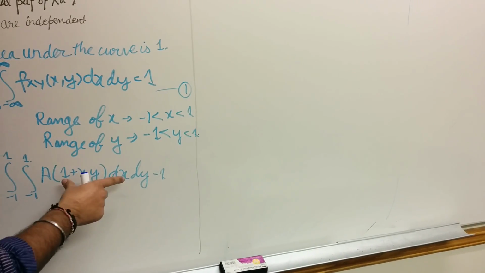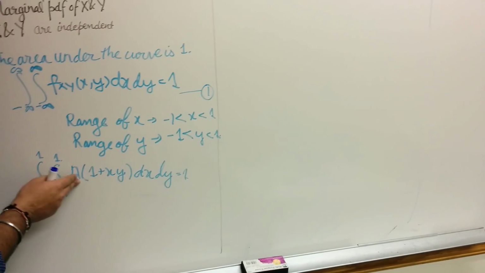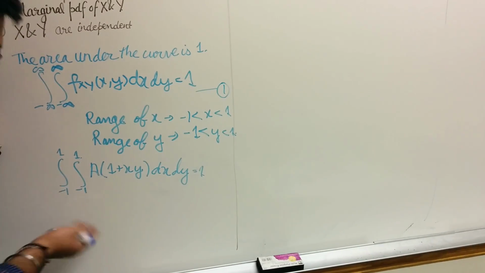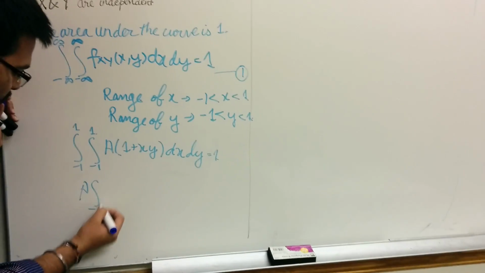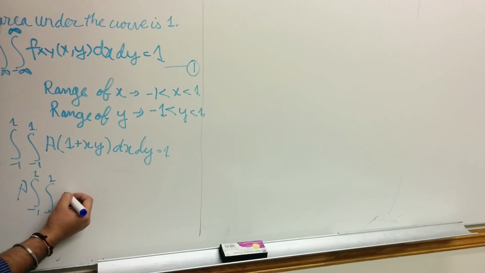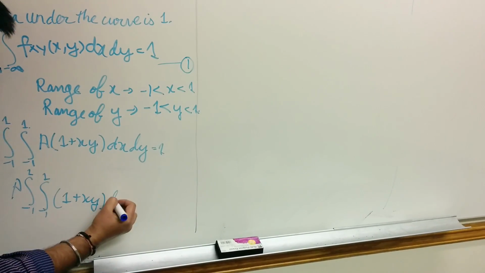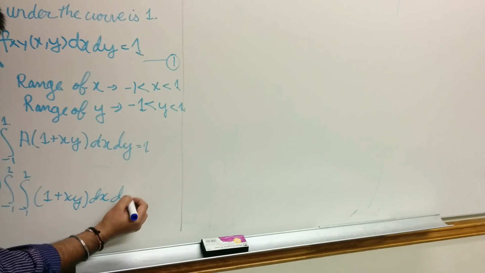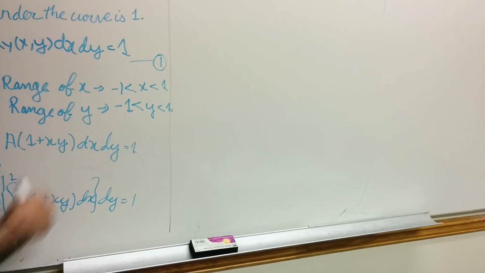Now we will first solve with respect to dx, and taking the common term a as a constant outside the integration, we get a times the integral from -1 to 1, another integral from -1 to 1, of (1 + xy) dx dy equal to 1. So we will now integrate with respect to dx.